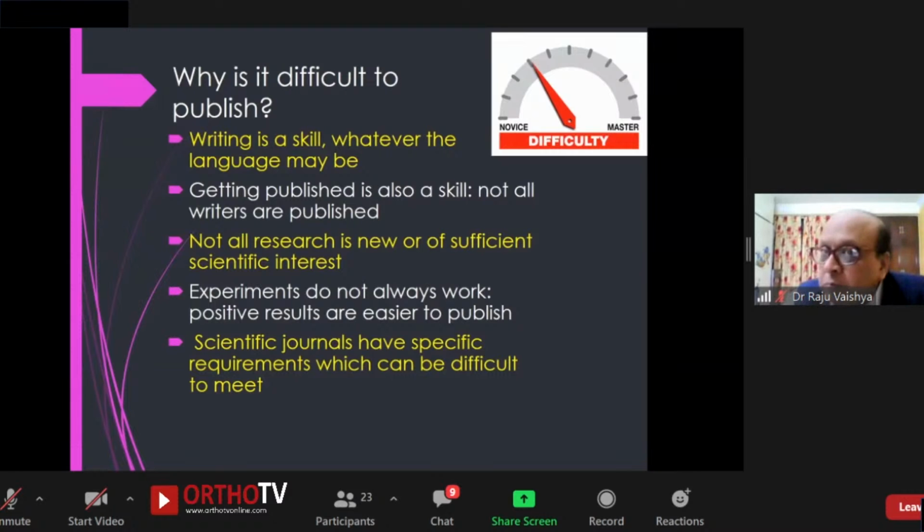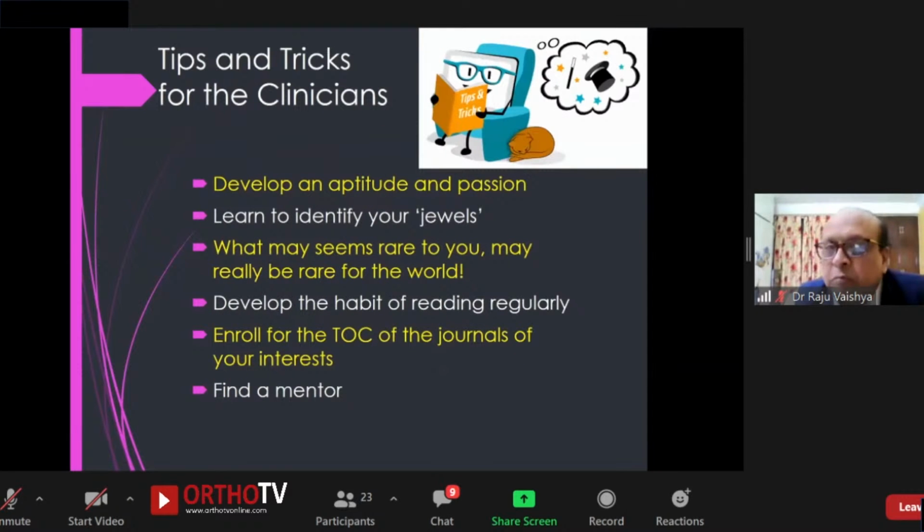So don't be afraid of sending any negative results for publication. Several journals have specific requirements which may be difficult to meet by individual authors, may be another cause of not getting published. But there are several tips and tricks that I would give for clinicians to publish.